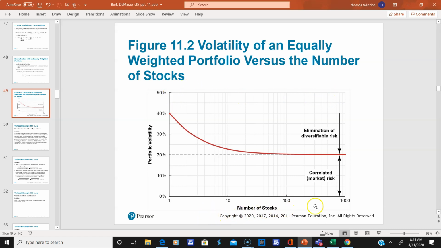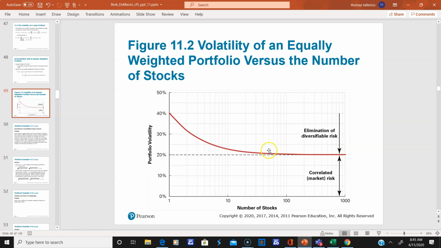The greater the number of stocks I buy, okay, I eliminate diversifiable risk. I eliminate diversifiable risk, and the only risk that remains is this portion right here, which is the market risk you can't get rid of, such as the risk we were living with now during this whole coronavirus thing, right?